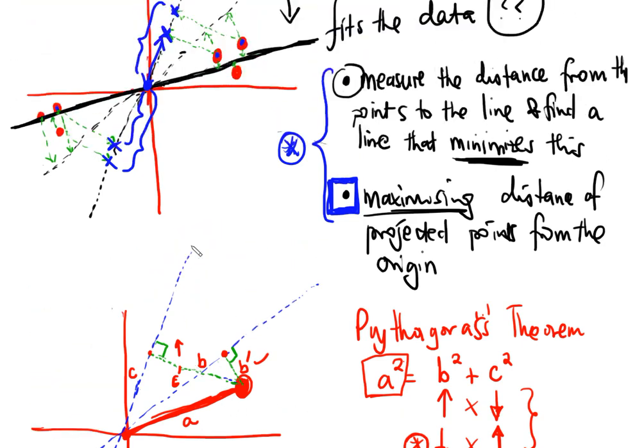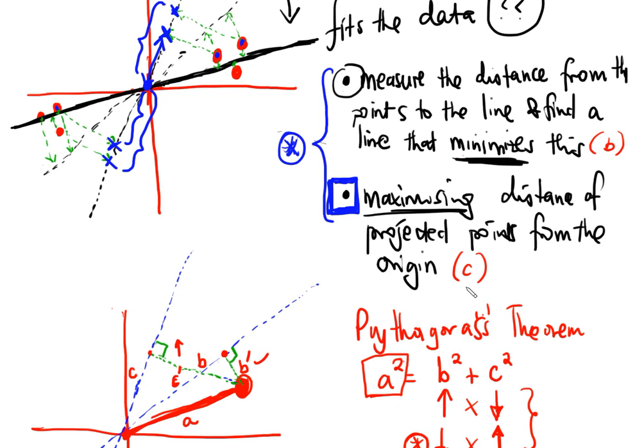So the more we are trying to minimize that distance from the point to the line, the more we are maximizing the distance of the projected points to the origin. So here we are minimizing B, and here we are maximizing C. I hope you are convinced that those two statements mean the same thing.